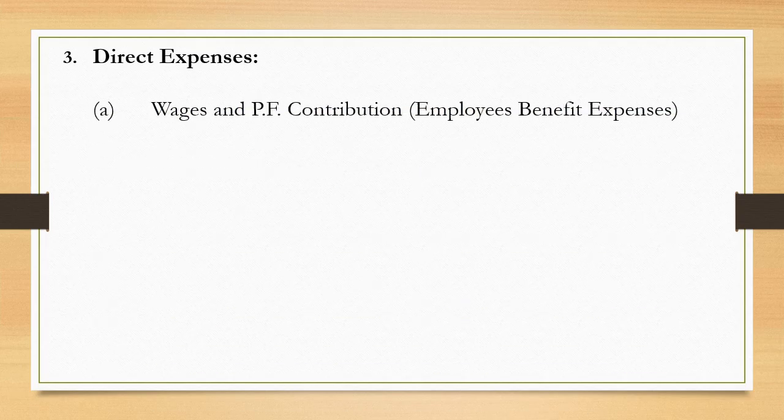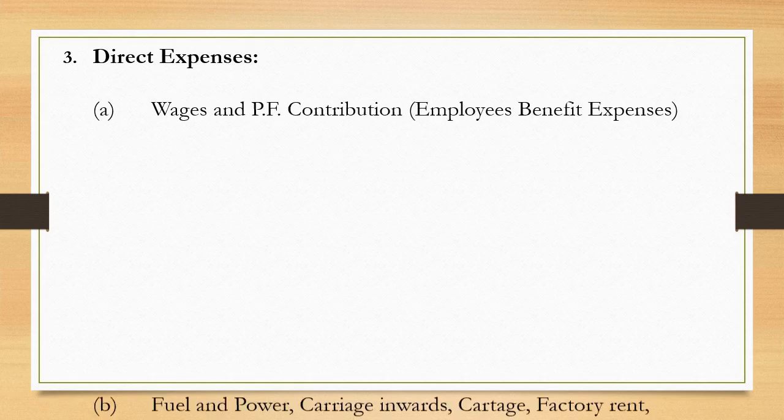Direct expenses. Let us see what is all included in direct expenses. The first amount you can see is wages and provident fund contribution. This is actually a part of employees benefit expenses, but we need to make sure that when you talk about direct expenses, you include the expenses which are related to workers. Wages are paid to workers and any provident fund contribution is related to workers, so that amount needs to be included under direct expenses.